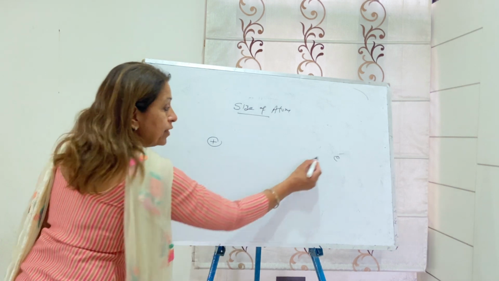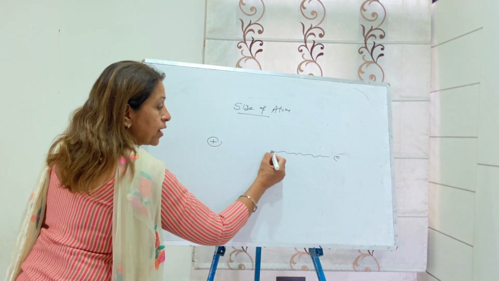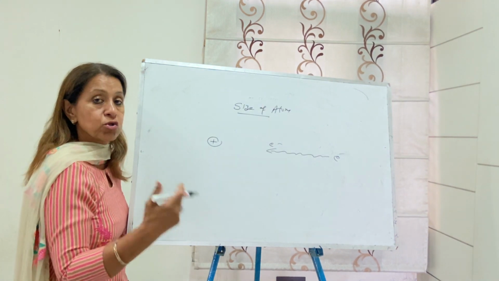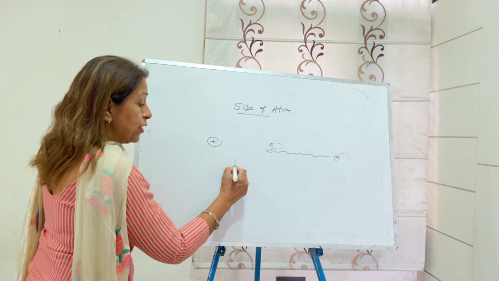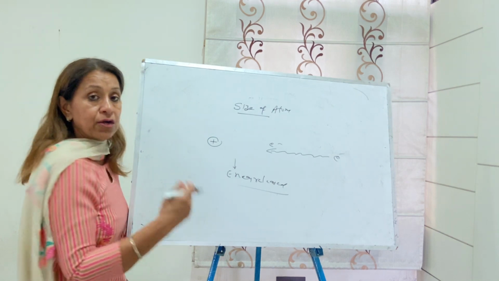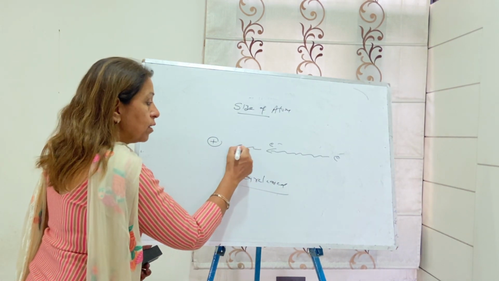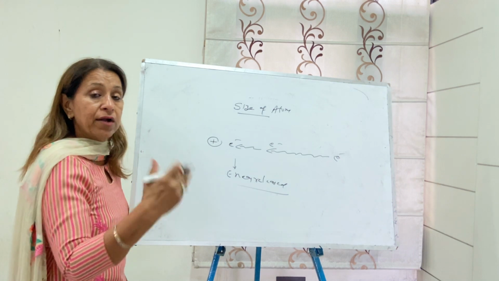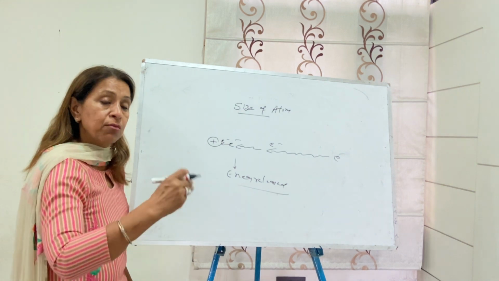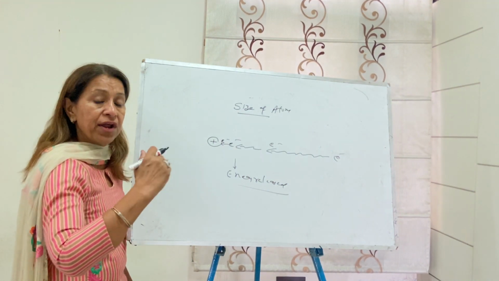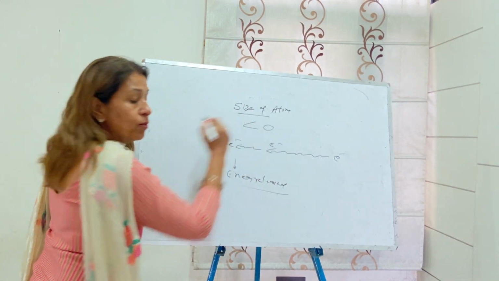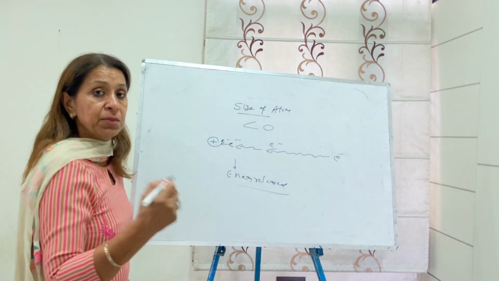But when the electron starts coming near to the nucleus, there is an electrostatic force of attraction, plus and minus, and due to attraction energy is released. The more the electron comes near to the nucleus, the more attraction takes place and the more energy is released. The energy released is so much that it becomes less than zero. This means energy becomes negative.